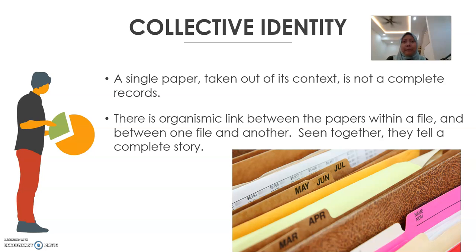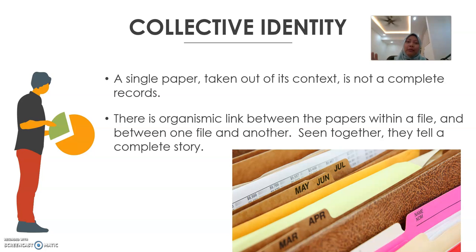If there is a financial report for 2020, it should have all the financial statements from January until December, because each of them has a link. At the end of the year we will close the account and we can generate our revenue and also the expenses.